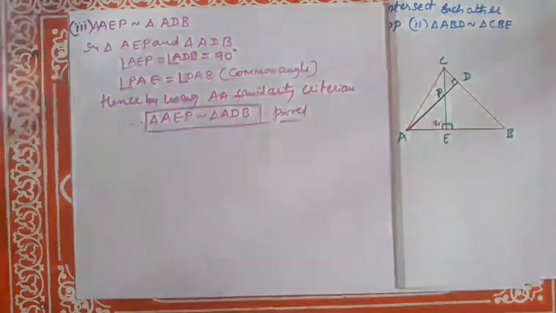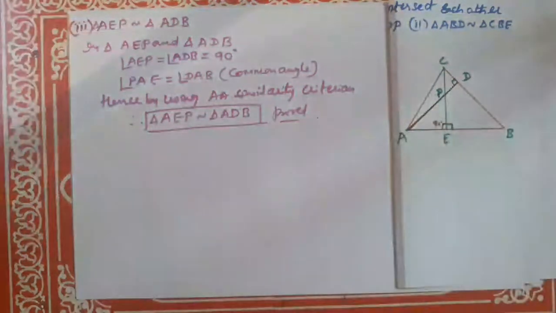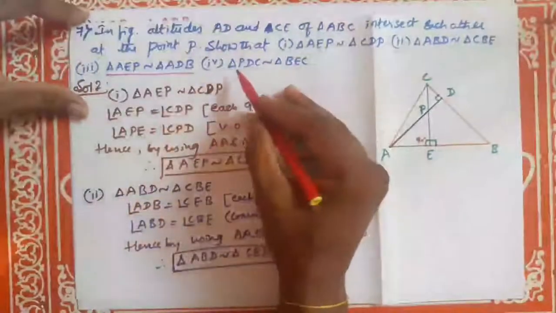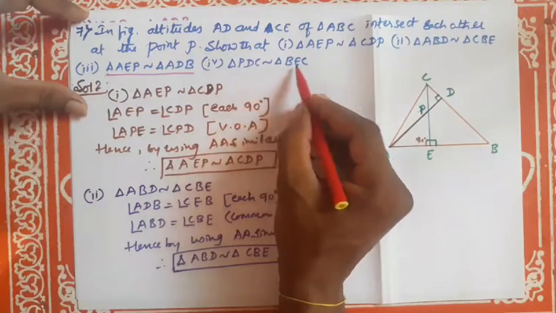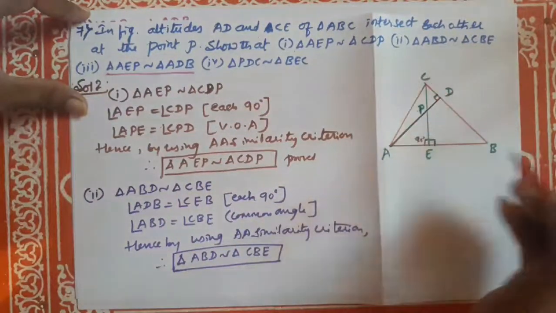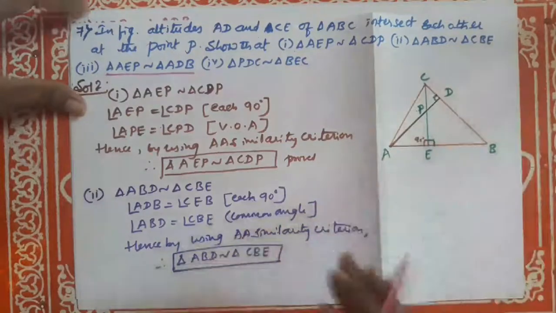Now the fourth one. We need to prove that triangle PDC is similar to triangle BEC.